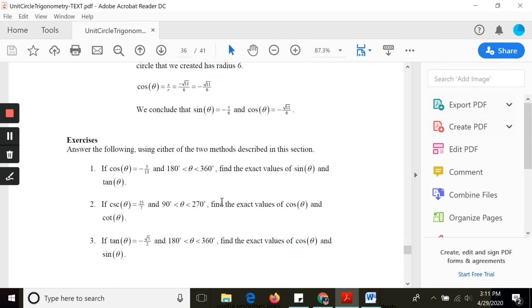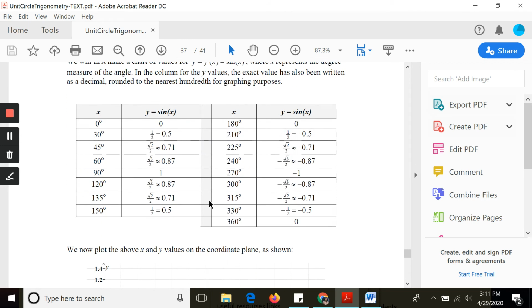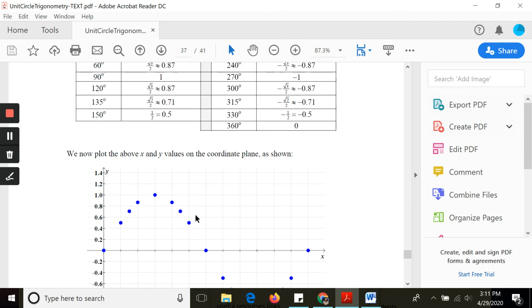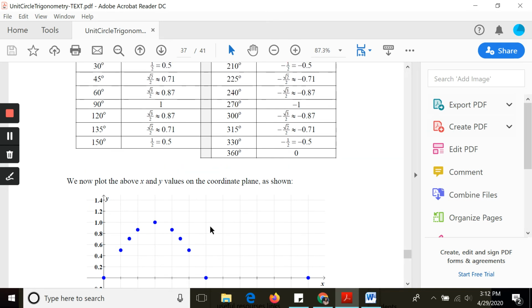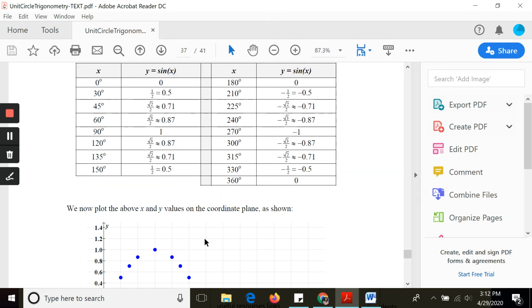We already know the unit circle, so we already know the values. Here are the values for sine: 0, 30, 45, 60, 90, 120, 135, 150. When you plot them on the x-axis, you have 0, and then here the value is 180. Sine 180 is again 0, as you can see from here. I don't think we need that many values.